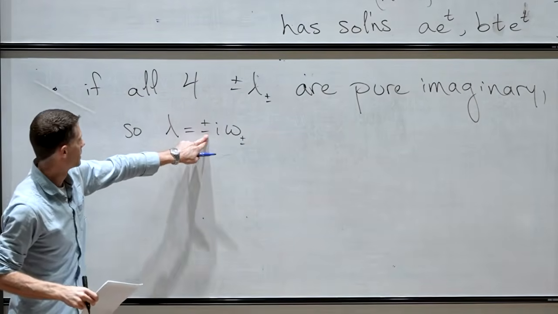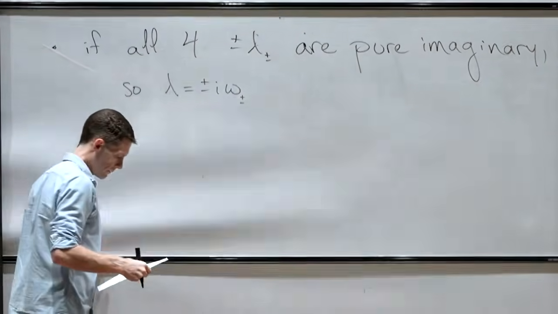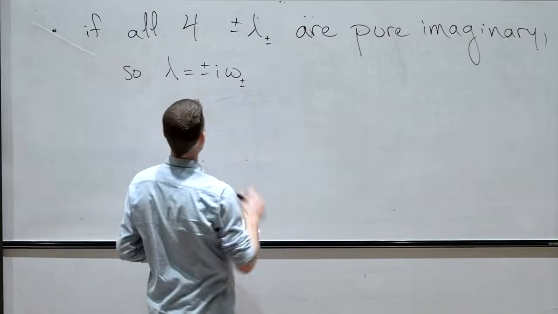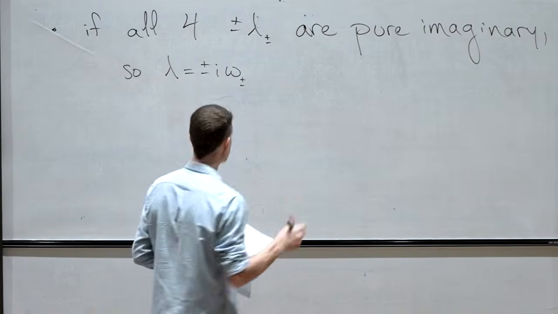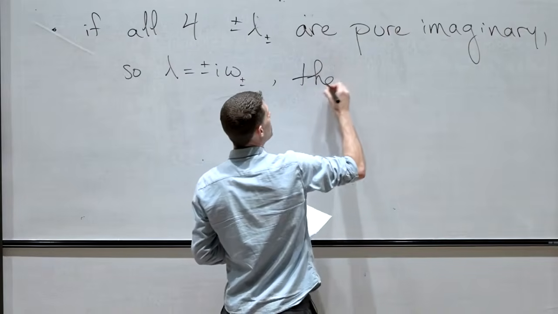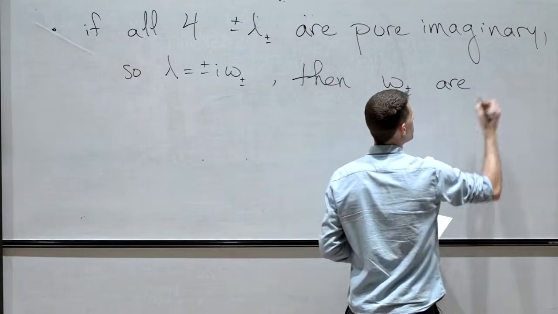I have two different omegas and then a plus or minus for the lambdas, my four roots. Each of those omegas being real and suppose positive, those omegas are called the natural frequencies.